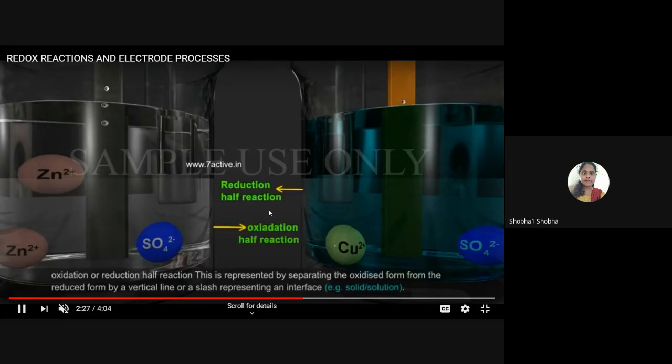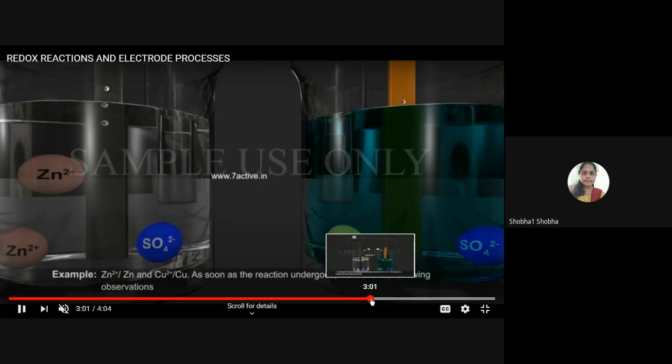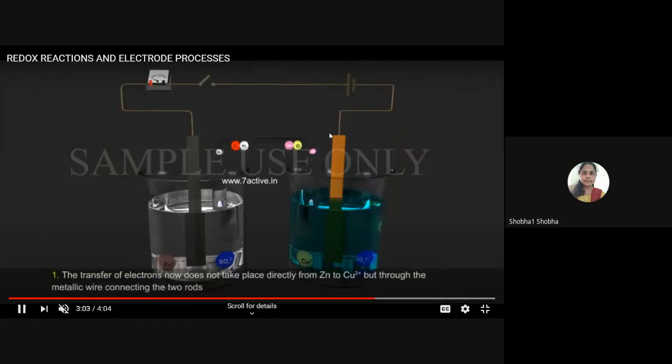Here is the reduction half reaction, and this is the oxidation half reaction. As soon as the reaction proceeds, we can make the following observations. You can see the copper rod is changing its color, so copper is deposited onto it, right?